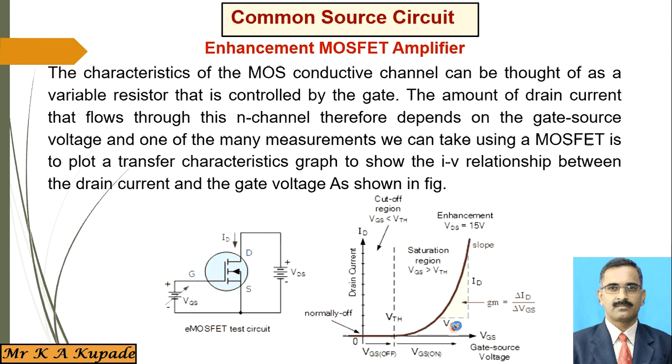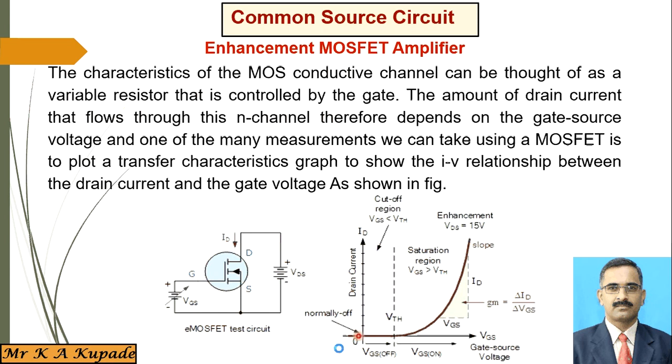The increase in ID current for this VGS gives the transconductance for that constant VDS. This transconductance is nothing but the variation in ID with respect to VGS, and this is what gives this slope.